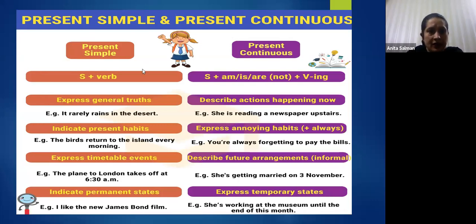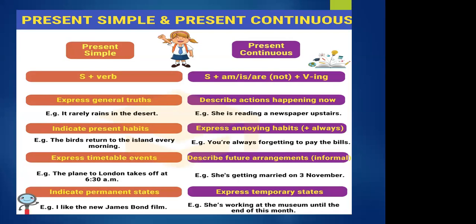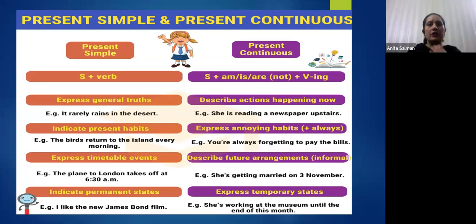Okay, that's clear. Simple present tense indicates present habits, whereas present continuous tense expresses annoying habits. Annoying habits, what is happening always, right?